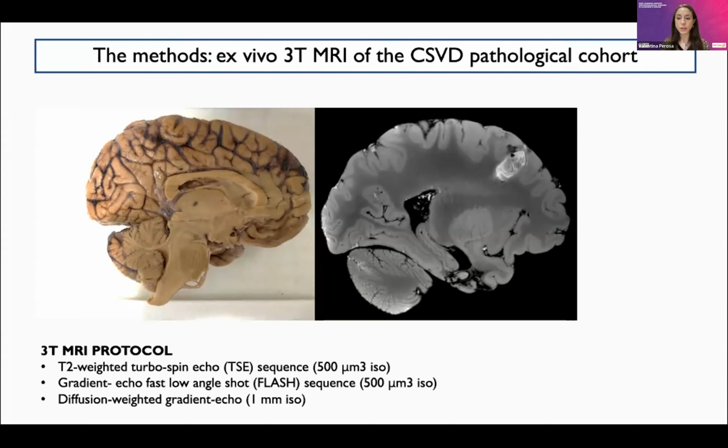So what happens is when a patient or the family of the patient decide to donate the brain and participate in the program, one hemisphere undergoes standard neuropathological examination, whereas the other hemisphere is fixed in formalin and then placed in a bag, which is then sealed and scanned at 3 Tesla MRI with a long protocol overnight in order to achieve a very high resolution for the scan.